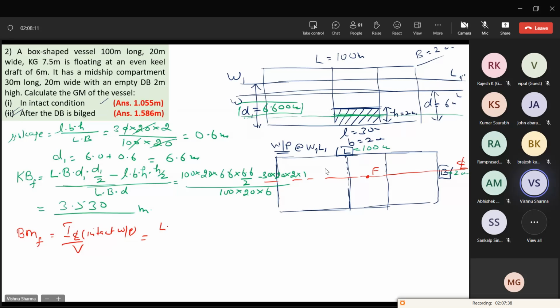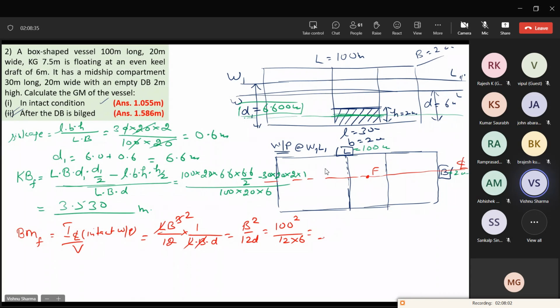So it will be LB cubed by 12. And volume of displacement, lost buoyancy method, LBD.